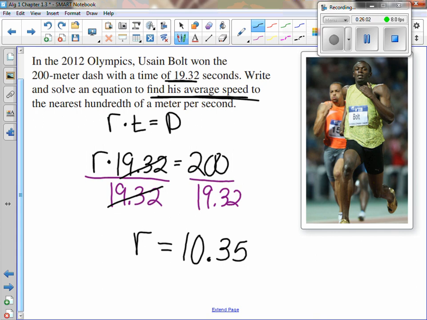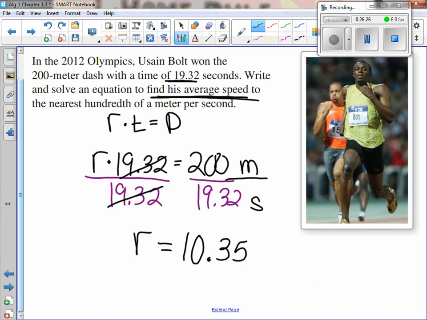Now, if you look, find his average speed to the nearest hundredth of a meter per second. Well, the 200 comes back to what we were using. We talked about how he won the 200 meter dash, so 200 meters. And what was the 19.32? It was seconds. So what did we do here?